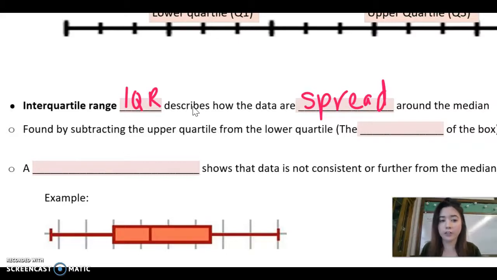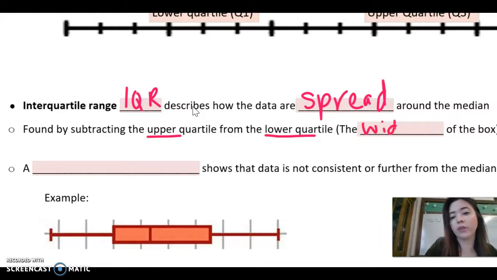To find it, inter meaning in between, and quartiles being our quartiles, so in between our quartiles, we take the upper, our Q3, and subtract our lower. And we find the width, or the inside of the box.